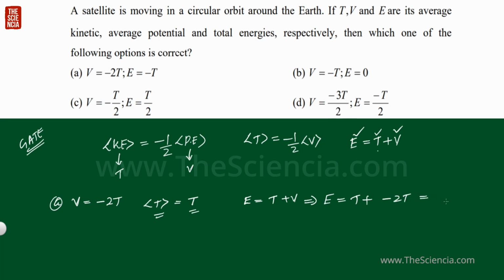So we get it is equal to minus T. So for V equal to minus 2T, we got E equal to minus T. So the option A is the correct answer.